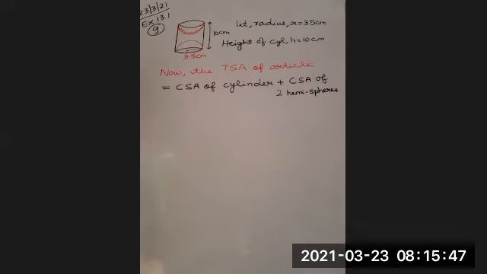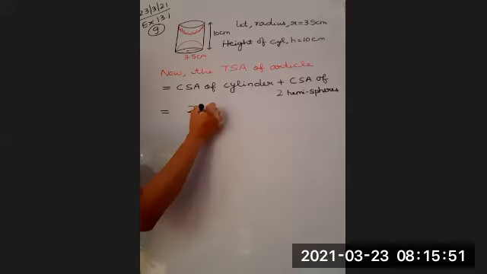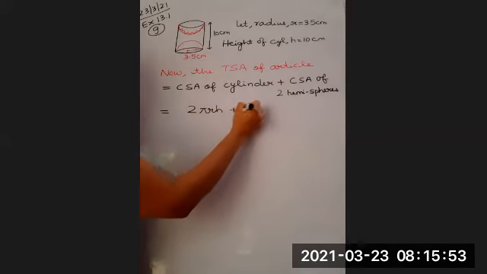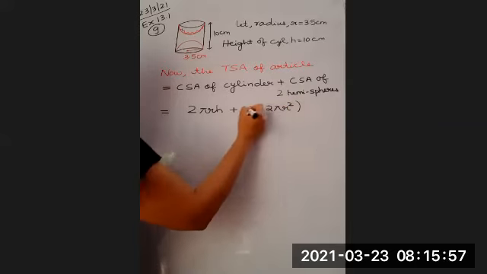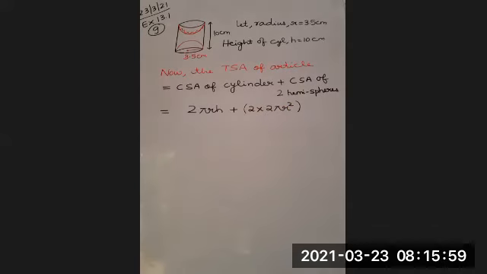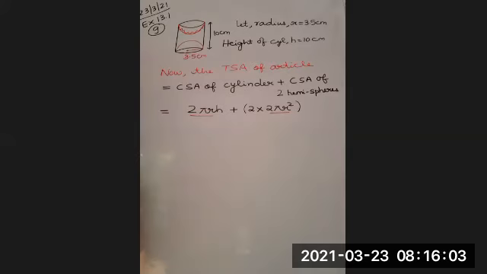Now the formula for CSA of cylinder, children, is 2 pi r h. Plus 2 times CSA of hemisphere, that is 2 into 2 pi r square. We can take 2 pi r common.